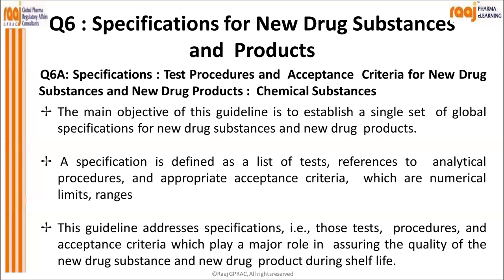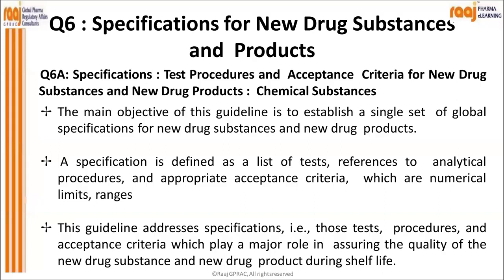All tests, whether disintegration, dissolution, friability, or hardness, every test has a limit. All appropriate analytical procedures and references have acceptance criteria, which are in numerical limits or a range. Generally, hardness is given in a range, like 15 Newton to 50 Newton.